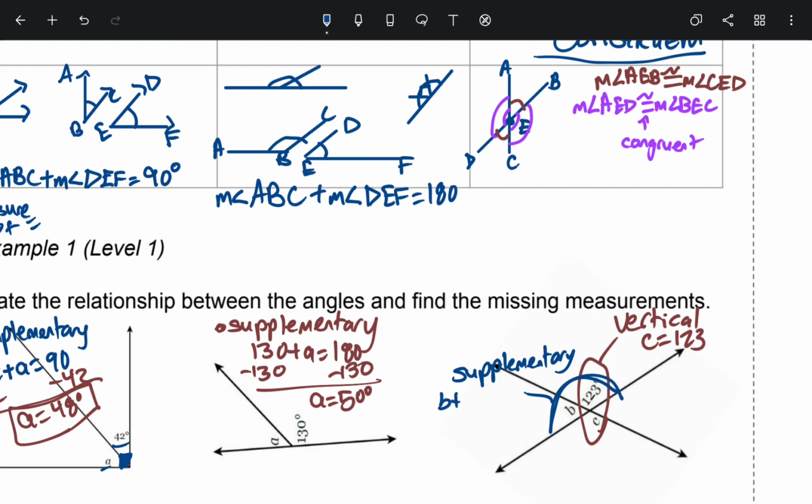So B plus 123 will give you 180. Subtract 123 from both sides. You get B equals 57. And that is it.